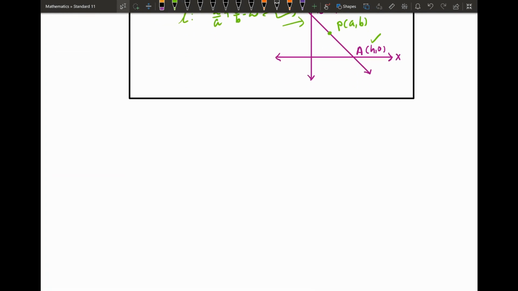So the equation we will suppose is x by h plus y by k equal to 1, which is our standard intercept form, and using the midpoint we will show that the required equation is x by a plus y by b equal to 2. So now let us discuss the solution.